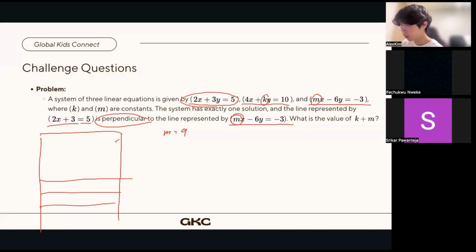If you write down the first equation, 2x plus 3y equals 5, the calculator will graph roughly a graph like this. Because we found the value of m through our algebra, we can plug that value of m directly into the other equation without re-expressing it, and put that right into Desmos.